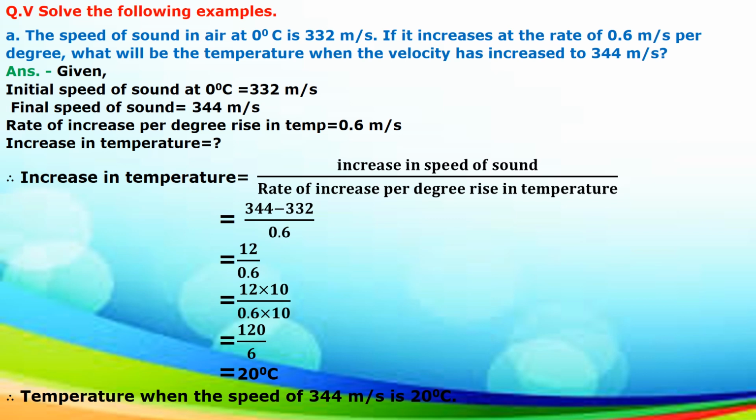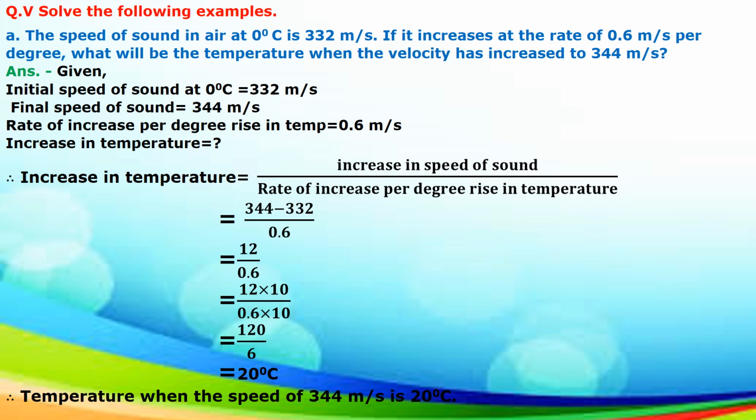So increase in speed of sound means first of all we have to calculate final speed minus initial speed. So final speed is 344 minus initial speed 332 upon 0.6. So that subtraction is coming 12 upon 0.6. Now here we have to divide 12 upon 0.6, but for removing this decimal point, we have to multiply numerator as well as denominator by 10.